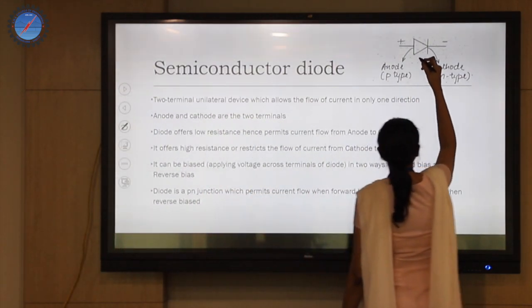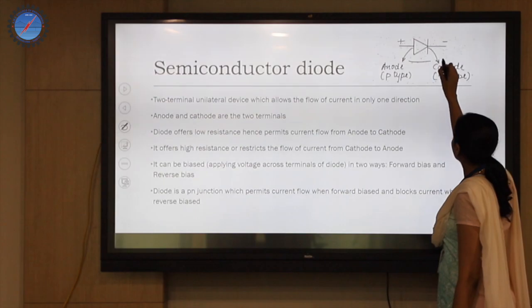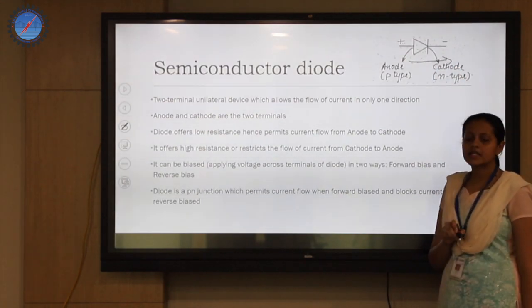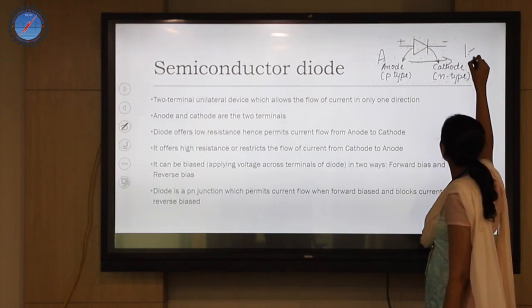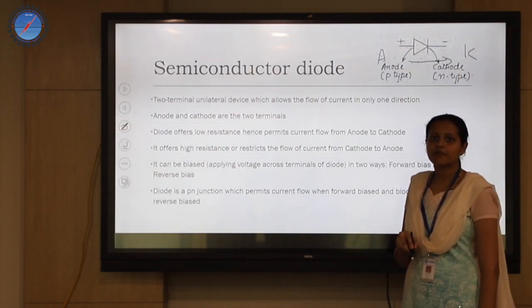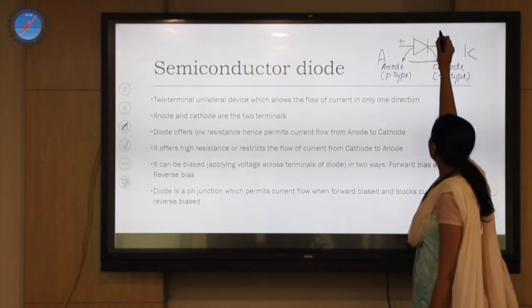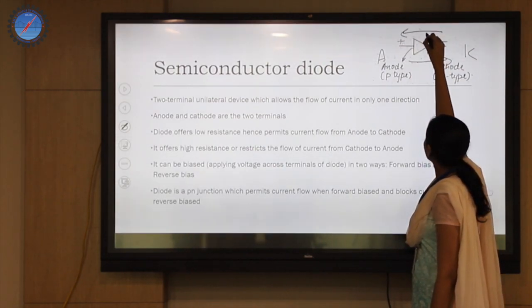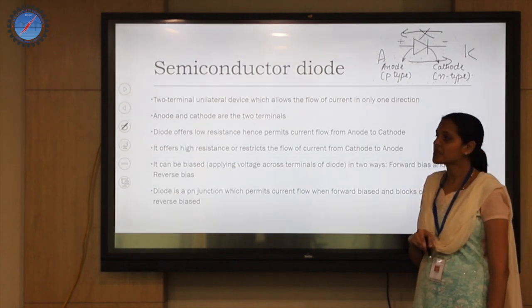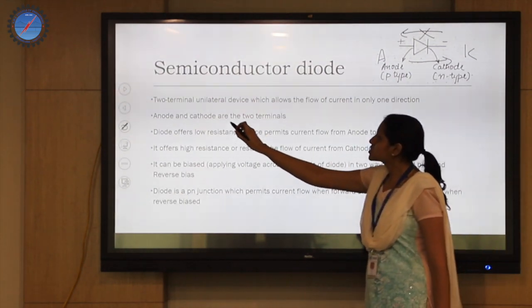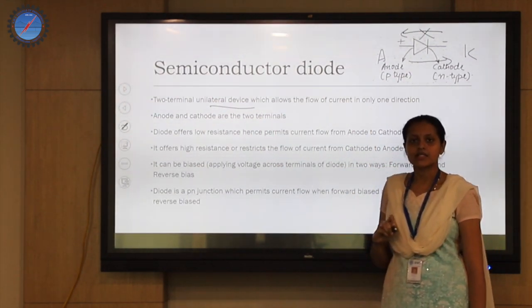Now, the symbol indicates the current is allowed in this direction from anode to cathode, whereas the current flow in the opposite direction is opposed or restricted. That's why diode is called as a unilateral device.